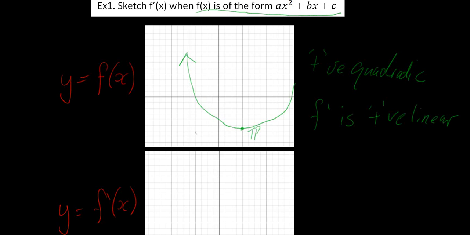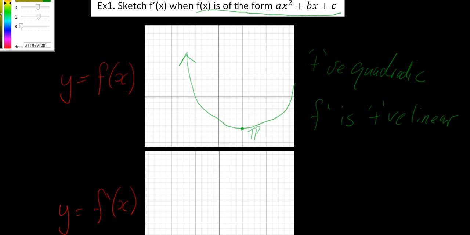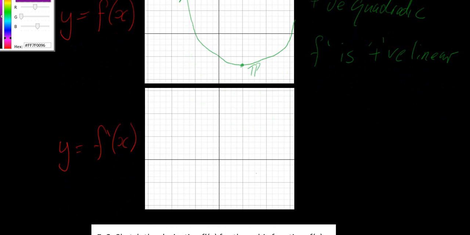But other than that, I would suggest looking at the turning point on your original function. What we're going to be doing is tracing down from one graph to another.